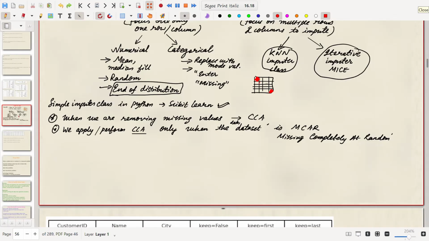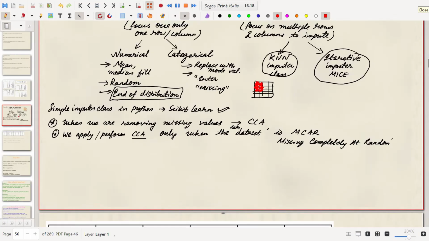But when you see 3 rows and 2 columns in a pattern with missing values, you can say clearly that this data set is not missing completely at random. Therefore, we perform complete case analysis only when the missing data is missing completely at random. If your data set is not missing completely at random, it is not a good method to use complete case analysis, that is removing the missing entry.